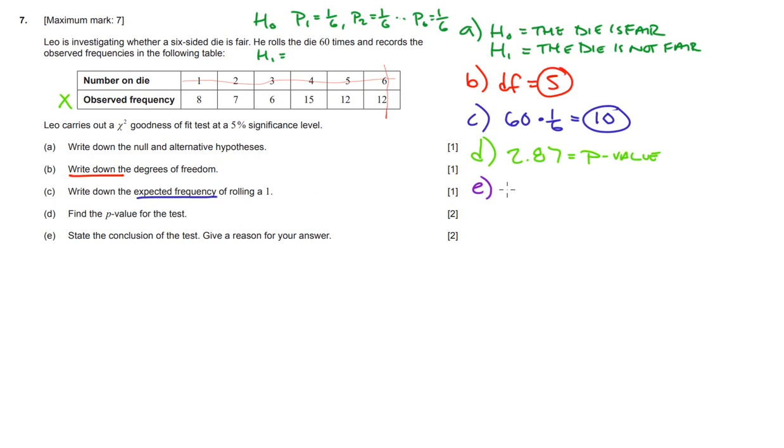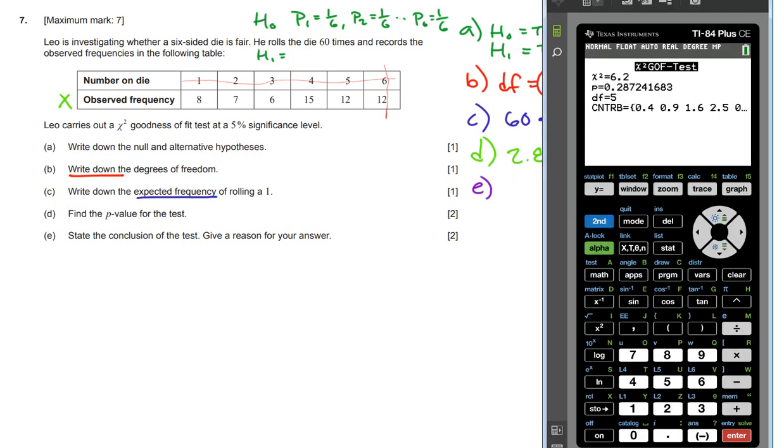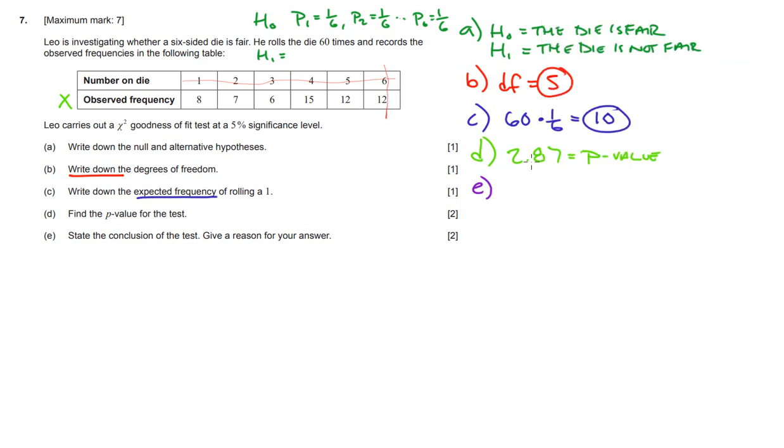So what we do here is we write our p-value, and then we're all good if the p-value is greater than our significance level. Oh, I wrote that down wrong. I put 2.87, but it's 0.287. My apologies. So I'll get rid of that. There we go.